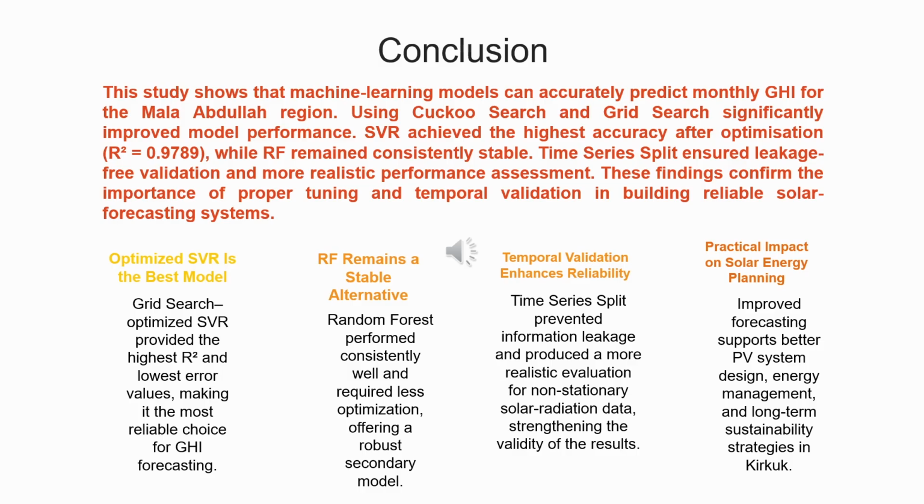The conclusion of this presentation is that machine learning models can accurately predict monthly GHI for the Mullah Abdullah region in Kirkuk, and using Cuckoo search and grid search significantly improved model performance. SVR achieved the highest accuracy after optimization, where R square equals 0.9789, while RF remained constantly stable.